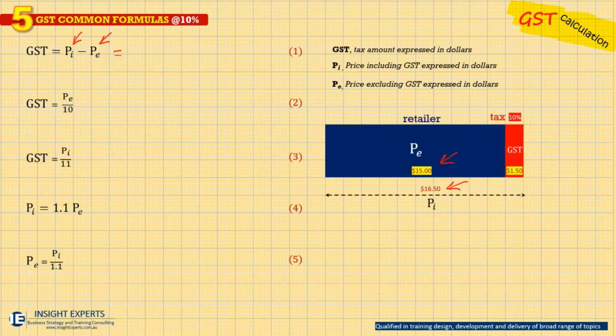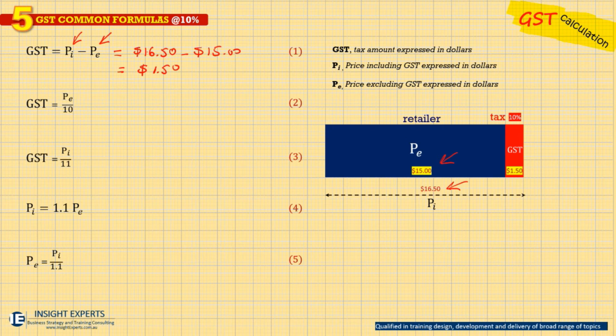So GST is equal to $16.50 minus $15. And that is $1.50. So that's one way of calculating the GST, which is subtracting the 2 prices from each other.